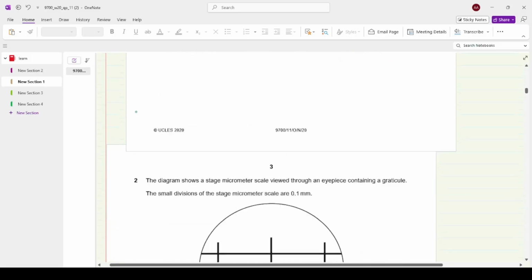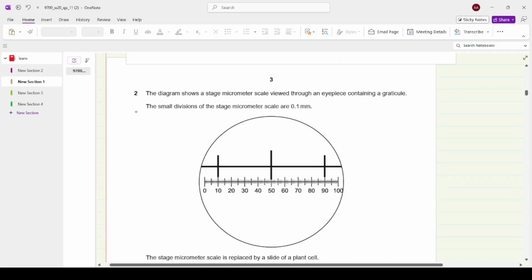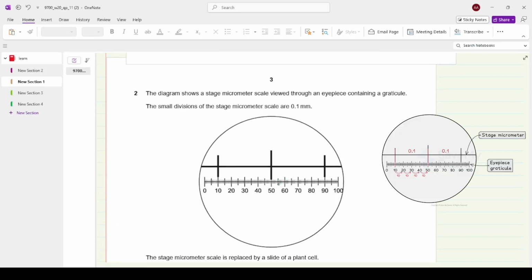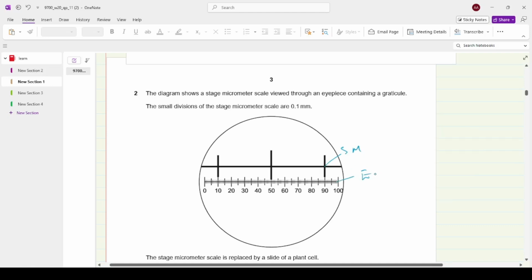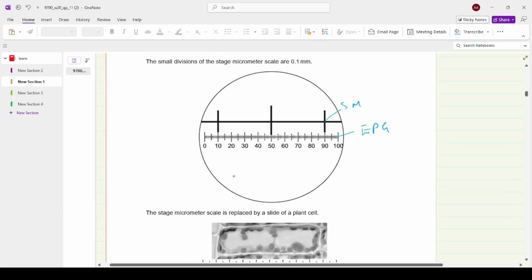So moving on to number 2, it's about the eyepiece graticule and stage micrometer. We know the biggest is the stage micrometer, and the smallest for this case will be our eyepiece graticule. The question is, the stage micrometer scale is replaced by a slide of a plant cell.